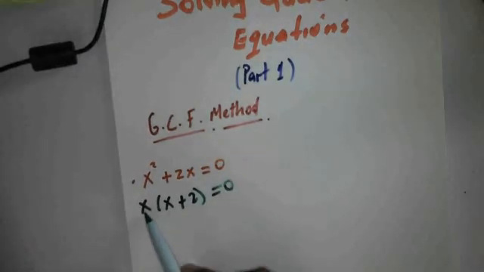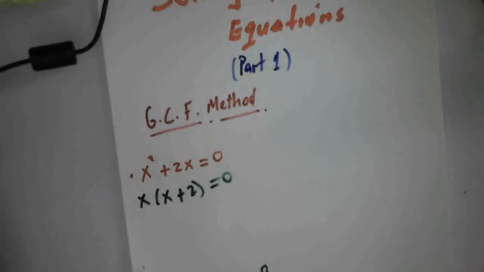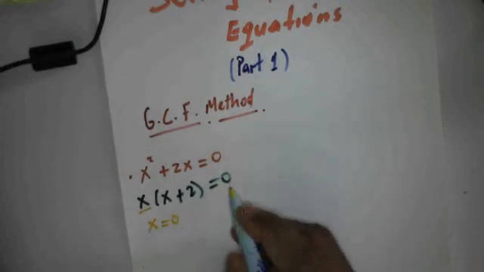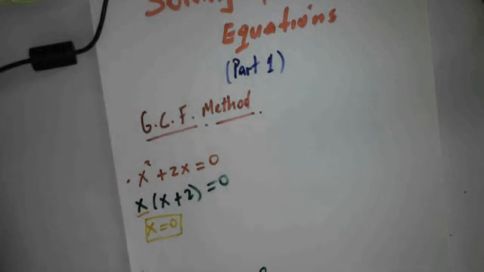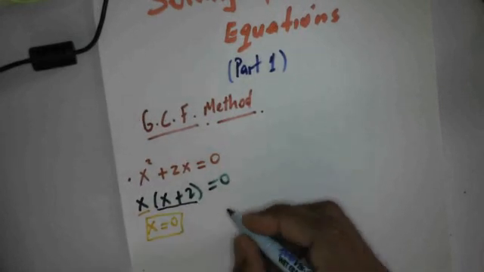Equals 0. So this is one of your factors, this is another factor. So you will equate each factor to 0. So what it means is that x, which is this factor, equals 0. This is one of your solutions. And another solution would be when you equate this thing inside the parentheses to 0 and solve.